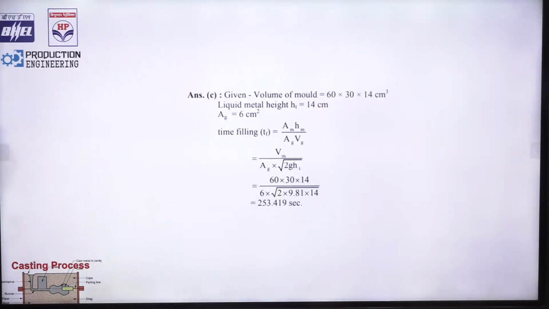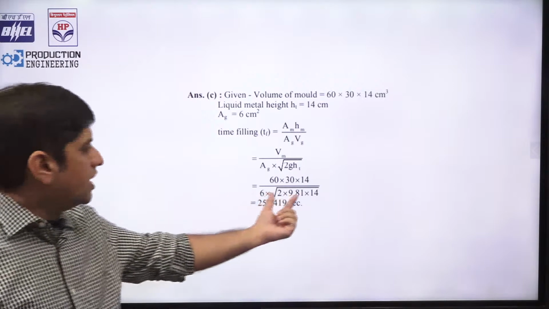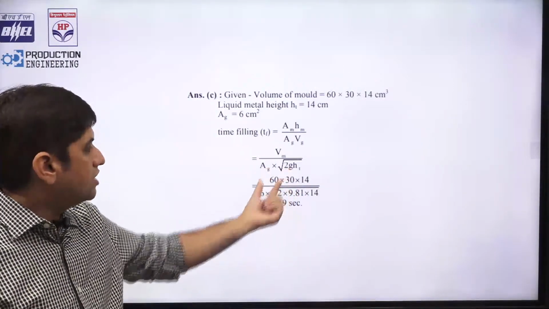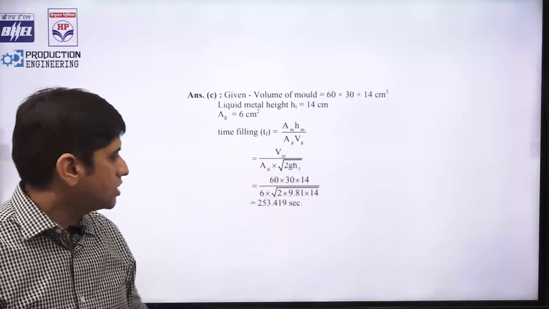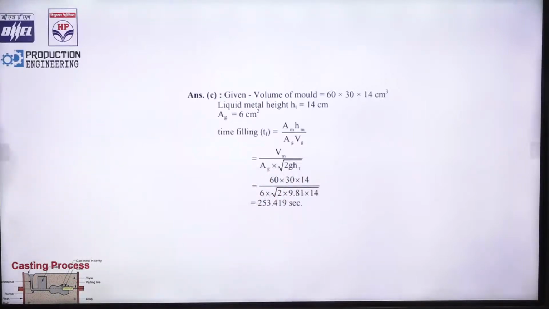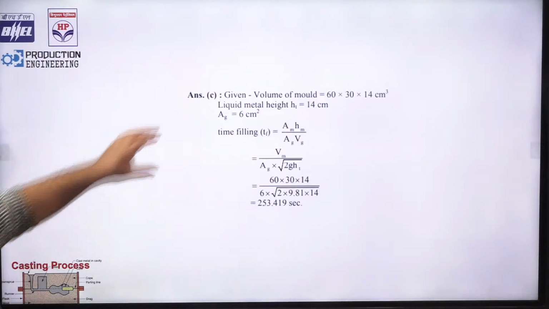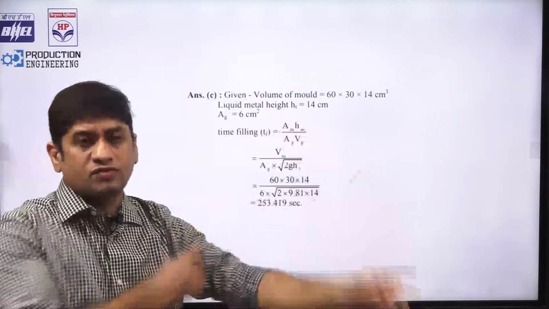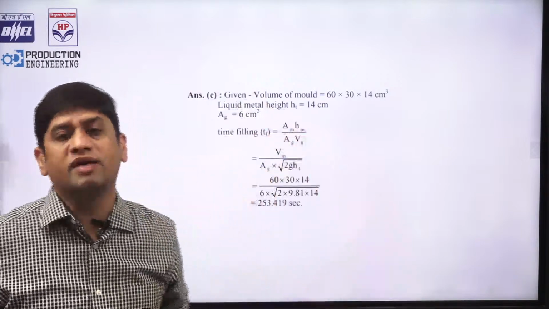What is the time required for filling? As I told you, root of 2gh, and you have to take care of dimensions, centimeter and meter. The time is I think 25 point something second. So just use this particular formula. This formula is important for your coming exam.